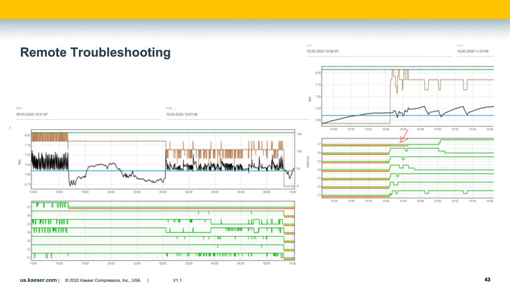We looked at some data earlier, and that was for an individual compressor or compressors, but that can also be macroscopic for the entire station. Certainly if you get an alarm message to your email or your phone or both, you want to know what's going on. Being able to dial in as an owner or a service provider can be very helpful for troubleshooting system problems.